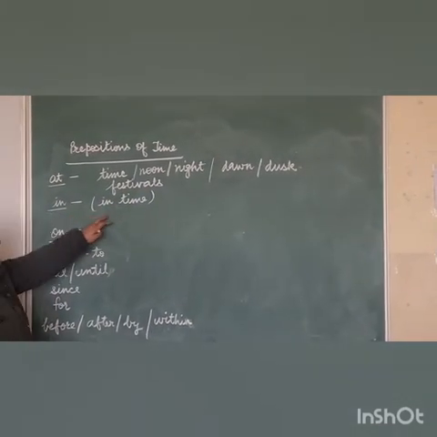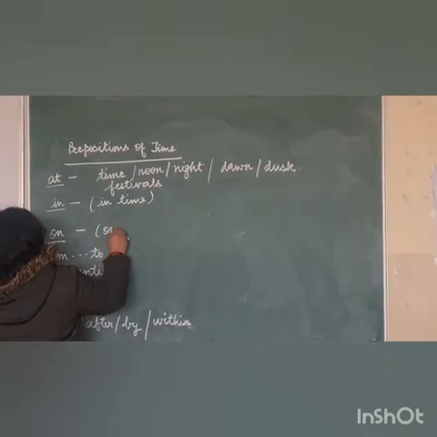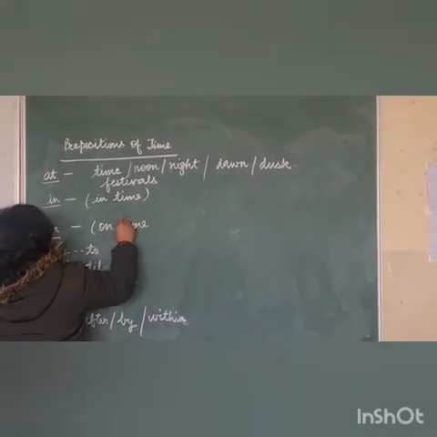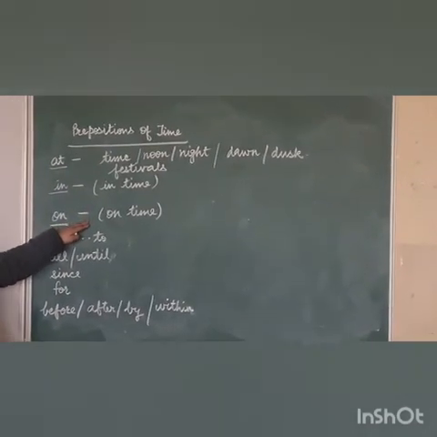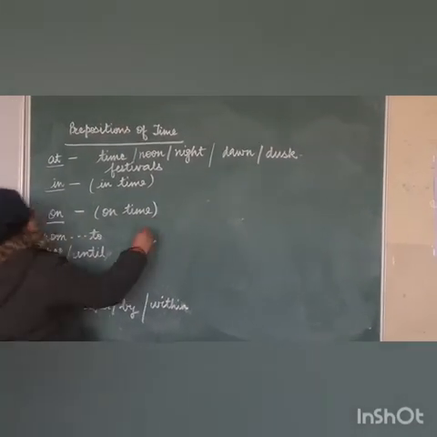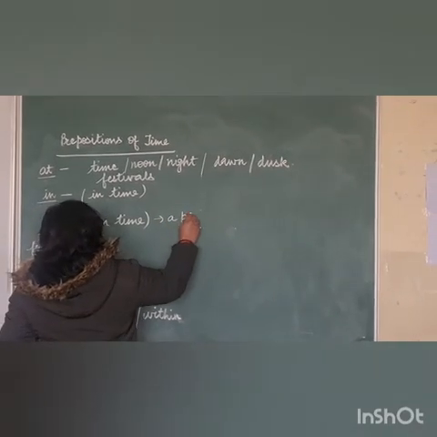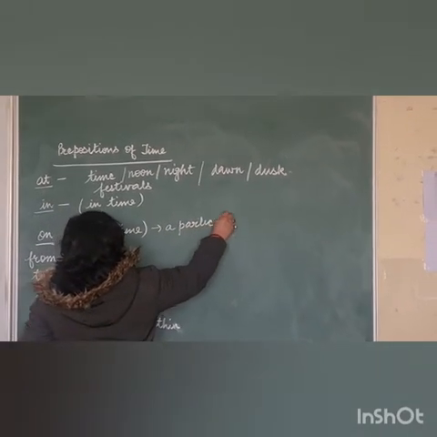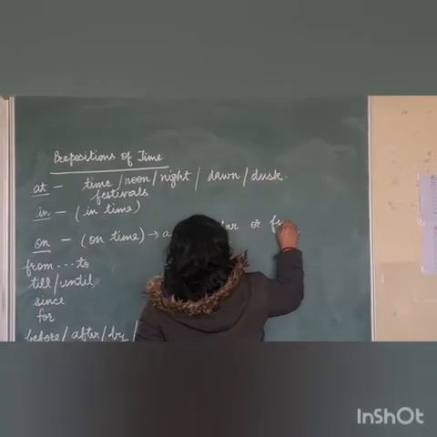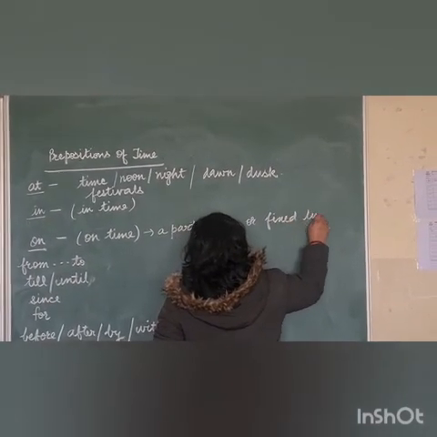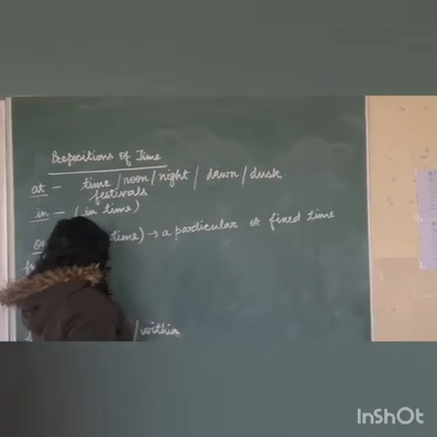एक फ्रेज है इन टाइम और एक फ्रेज है ऑन टाइम. These are two different time periods. On time means that is a particular or fixed time.